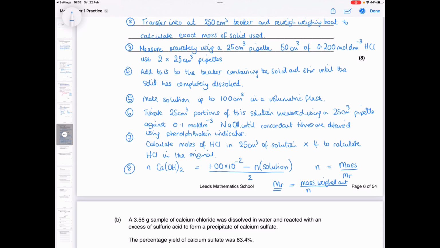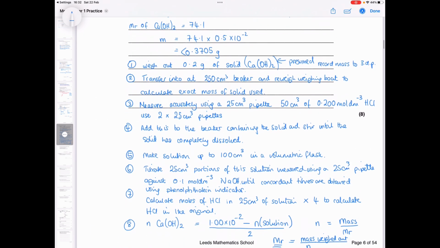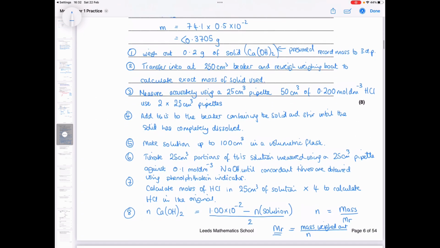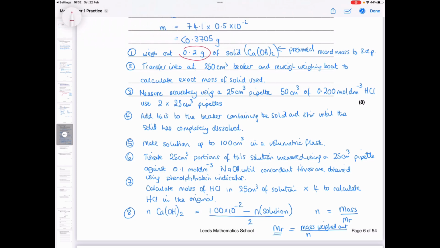So the Mr is going to be the mass weighed out, which we recorded to 3 decimal places, so it's this amount recorded accurately after we've calculated the mass of the weighing boat so that we can do it exactly. So that's the mass that's going in here.